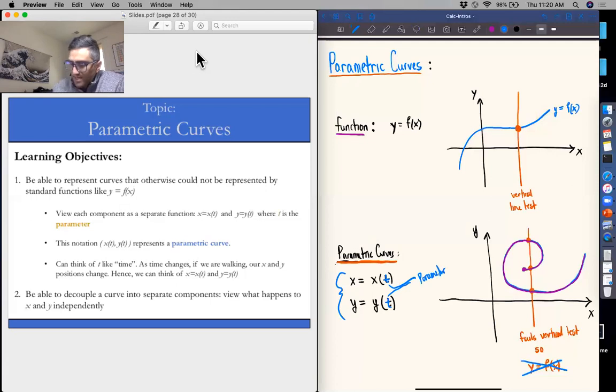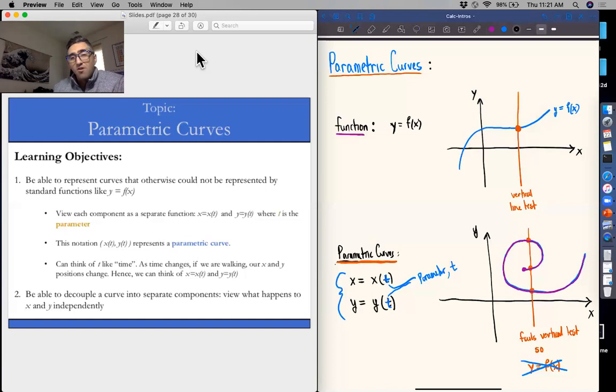It always helps me to think about this t value, or this parameter, as time. Because I know as time changes, I think about x and y values also changing with respect to time, just as though we're walking around or moving around a room.